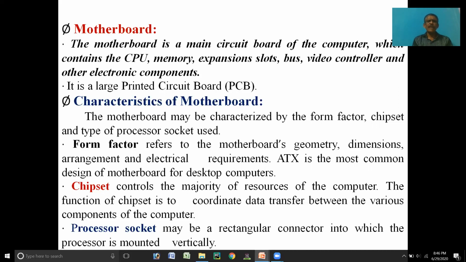And third one is called processor socket. First, form factor. Form factor refers to the motherboard's geometry, dimensions, and arrangement of electrical components required. ATX is the most common design of motherboard for desktop computers.